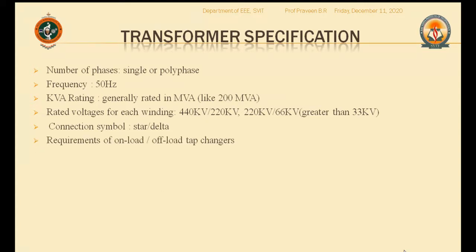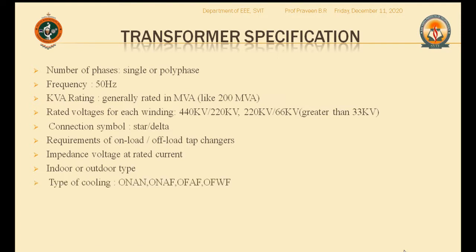Also important is the tap changer, whether we are using an on-load tap changer or an off-load tap changer. One more important point is the impedance voltage at rated current. Also the indoor or outdoor type, whether we install the transformer inside a building or outside the building.